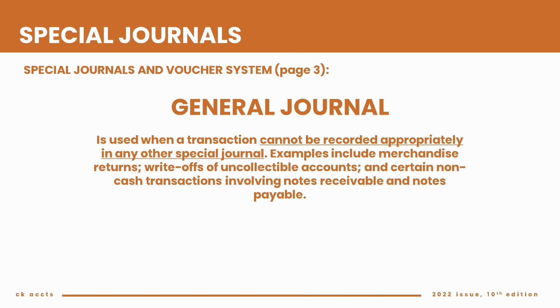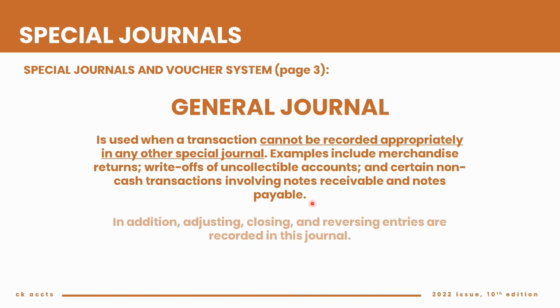So, kaya ko siya hinuli at sinama na rin dito sa special journal because it is important for us to recognize this general journal kasi dito napupunta yung mga transactions na hindi natin na i-record dun sa mga special journals na pinag-usapan natin. Okay? And nagbigay na nga na examples dito including the merchandise returns, write-offs of uncollectible accounts, certain non-cash transactions involving notes receivable and notes payable. Okay? So, dito natin siya ilalagay.